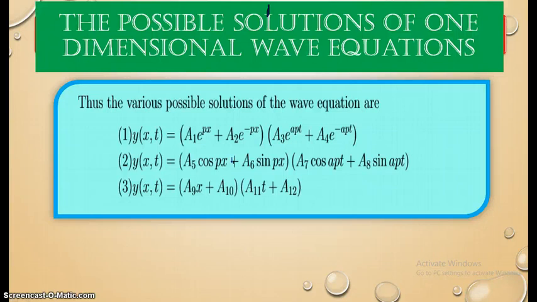Cos gives one wave form, and sin also gives one wave form. Using this trigonometric form, we get the required displacement of the string. So out of these 3, the second one is the correct solution for the one-dimensional wave equation.